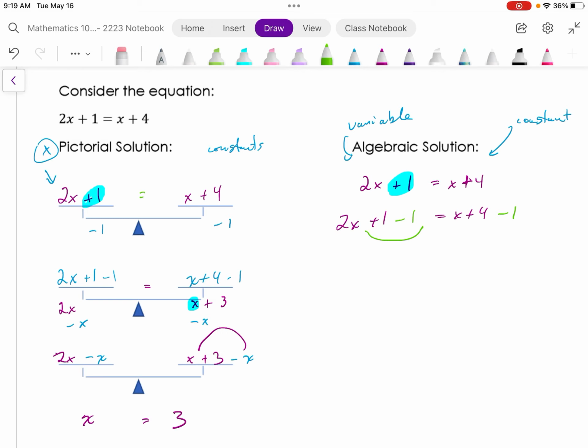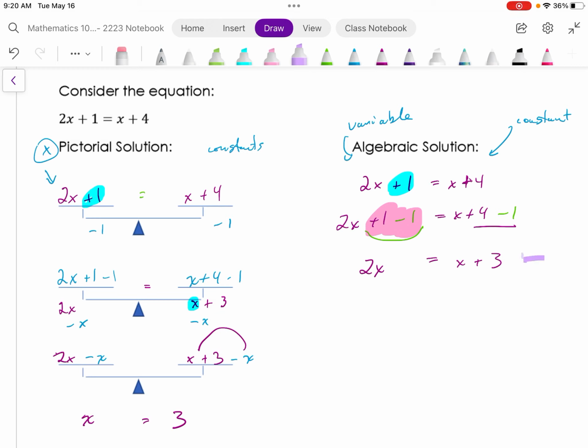So on the left-hand side, I have 2x. On the right-hand side, x + 4 - 1 is x + 3. To get rid of adding 1, I subtracted 1, simply because they are inverse operations.